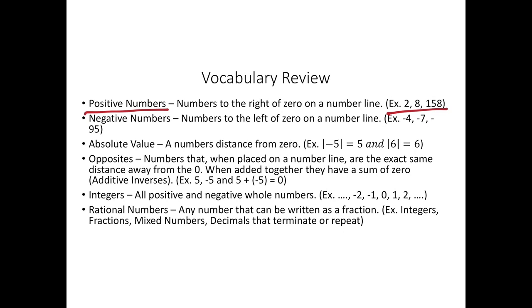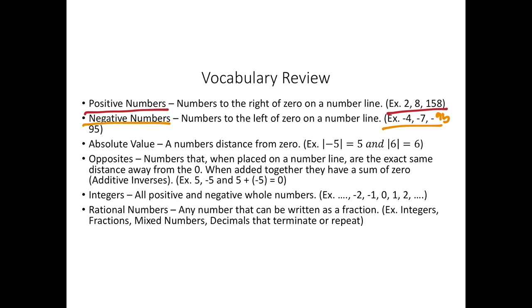Negative numbers are all of the numbers that are to the left of 0. So they're just like the positives, they're just on the other side of 0. And they have that little negative sign in front of them. So like -4, -7, -18, -95. Numbers with a negative sign in front of them.